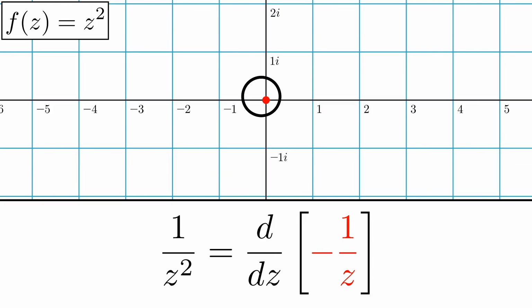And hence, every integral of this function around one of those circles is exactly 0. I actually find this quite unintuitive, because it's basically saying that because z squared has a double 0 at 0 rather than only a single 0, we've actually made that 0 harder to find. We'll elaborate on this in the next video.